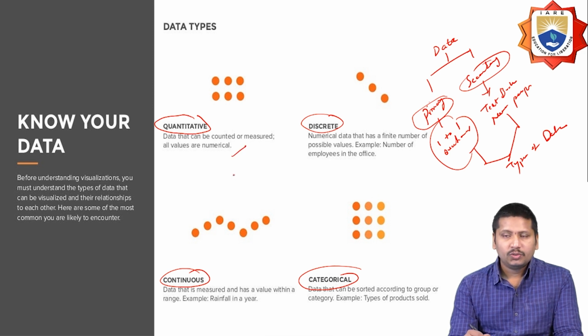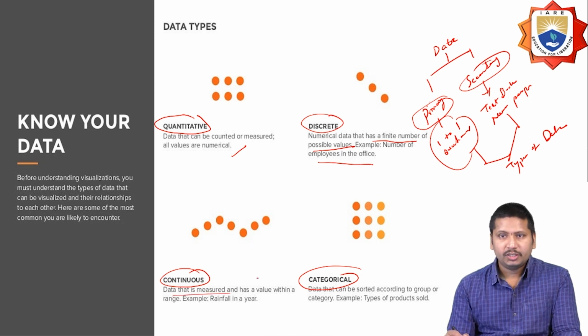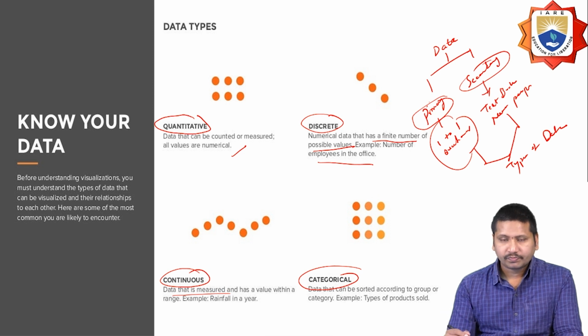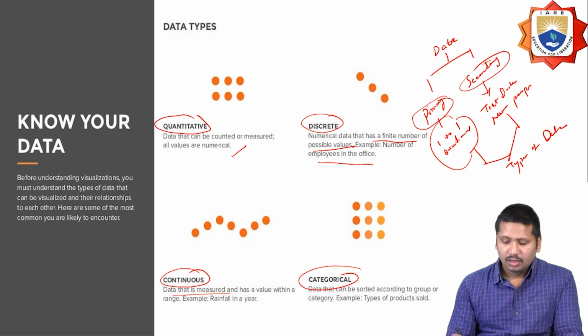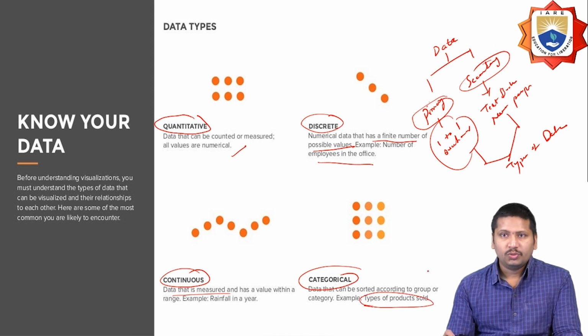Discrete means the numerical data has a finite number of possible values, for example, the number of employees in the office. Continuous means the data that can be measured has a value within a range, for example, rainfall in a year. And categorical means the data that can be sorted according to a group or category, like the types of products sold. So like this, I can classify the data into different categories.